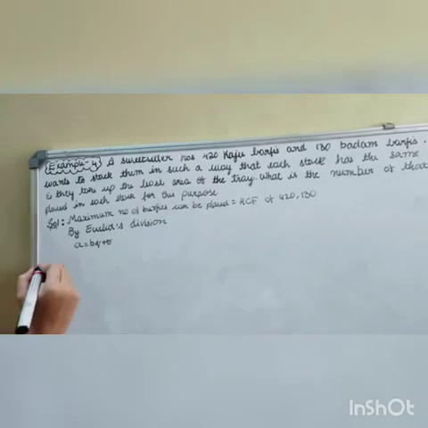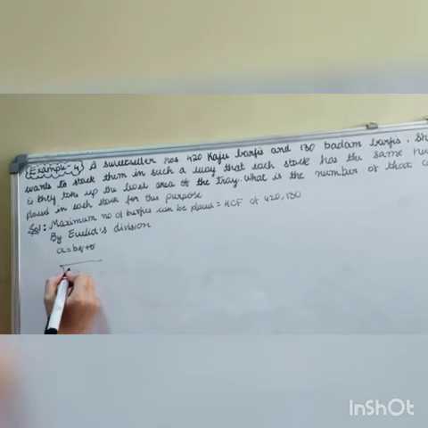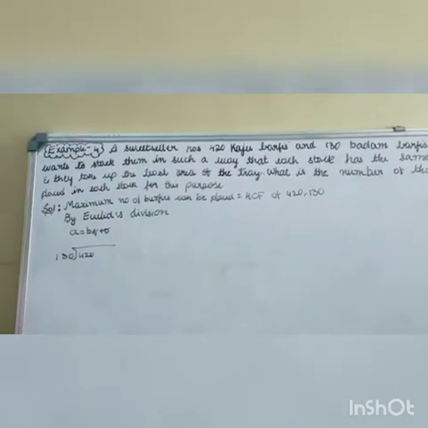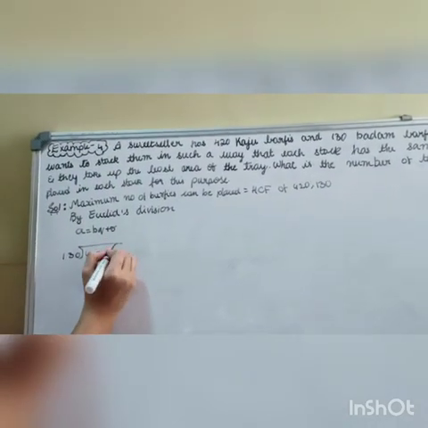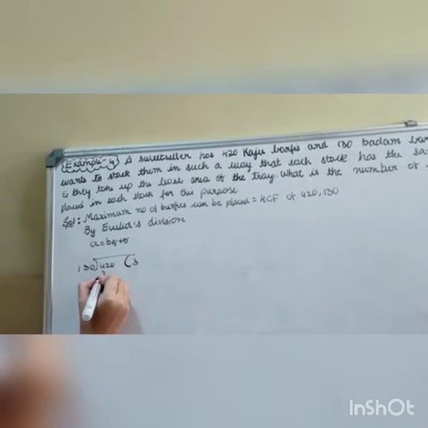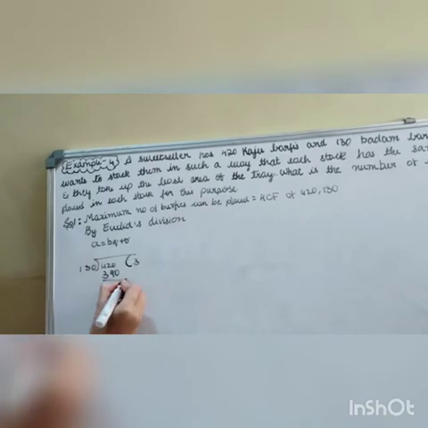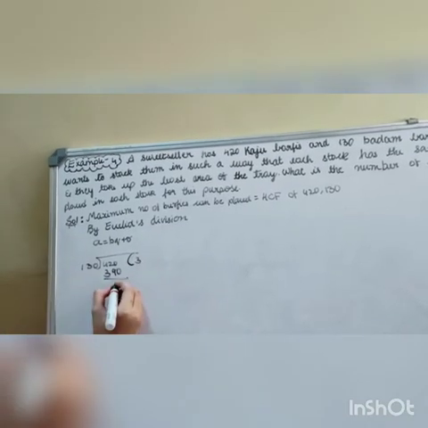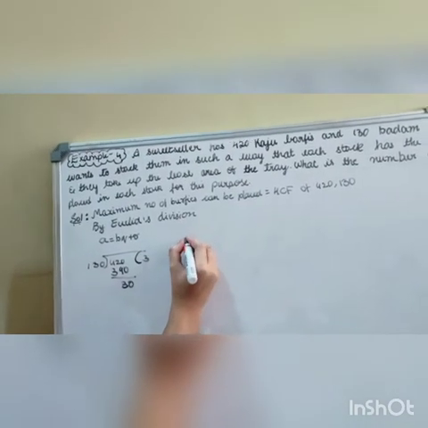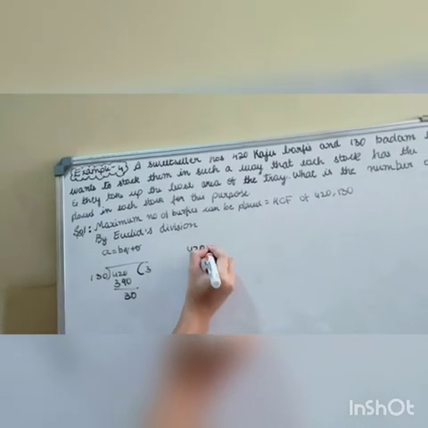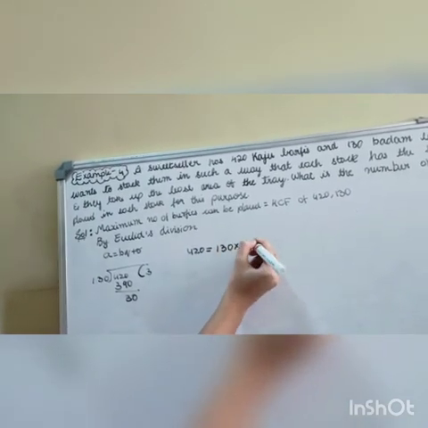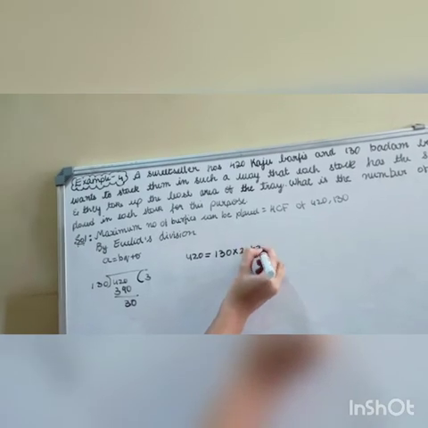So I'll take 420 here, 130. Now let's divide it. So 130 3s is 390, and if we subtract these both, we get the answer 30. So here we'll write it down: 420 is equal to 130 into 3 plus 30.